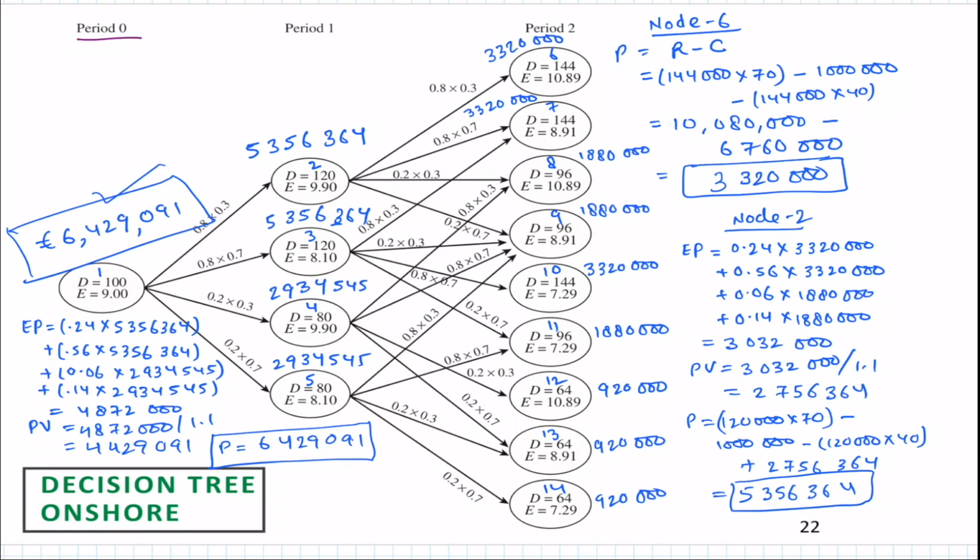Note that when we did DCF analysis, which did not take into account uncertainties in demand and exchange rates, it gave a better result for the offshore decision. But when we take into account uncertainties in demand and exchange rates, we find that it will be more profitable to go for the European plant in this example.